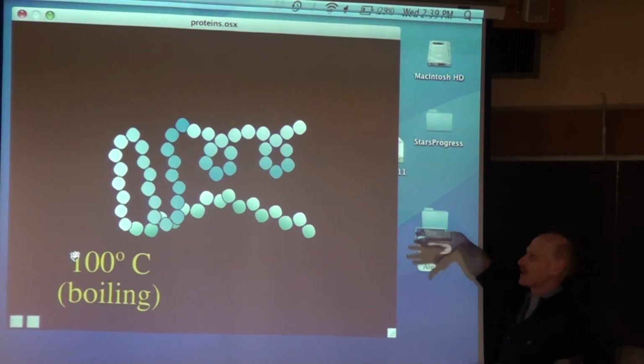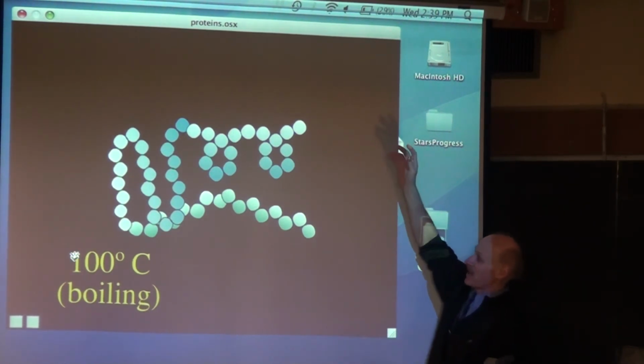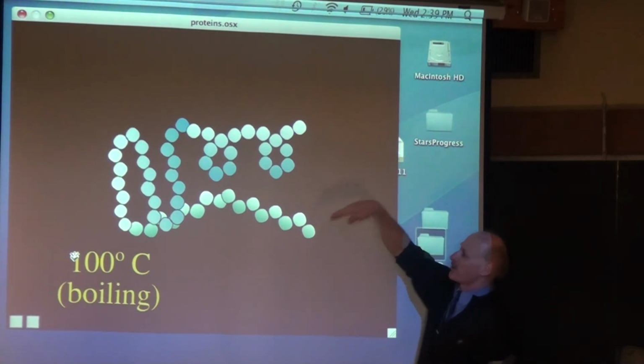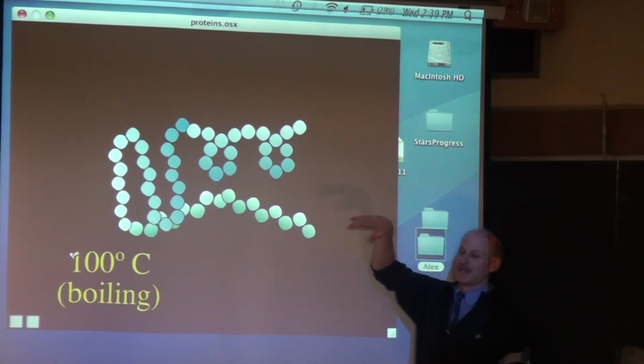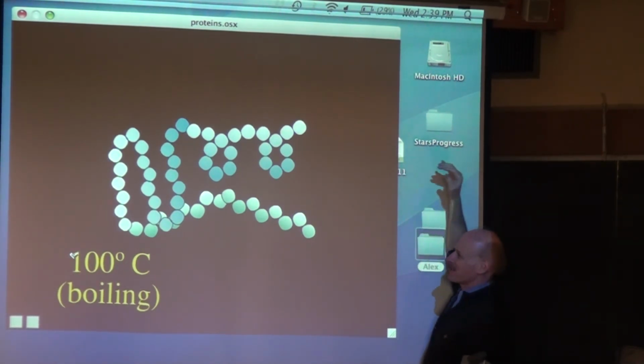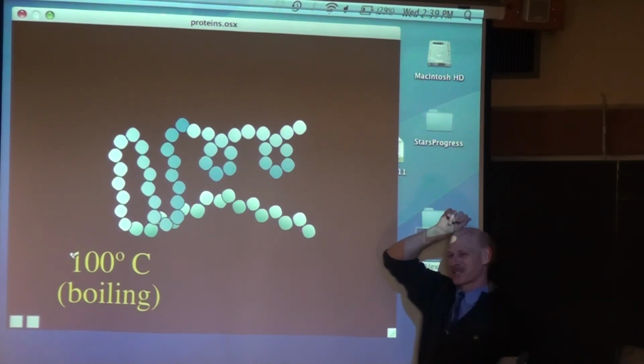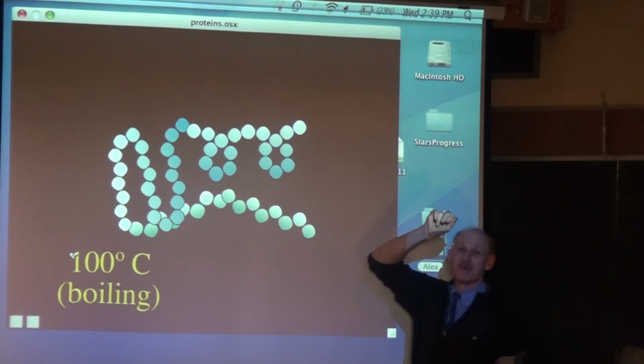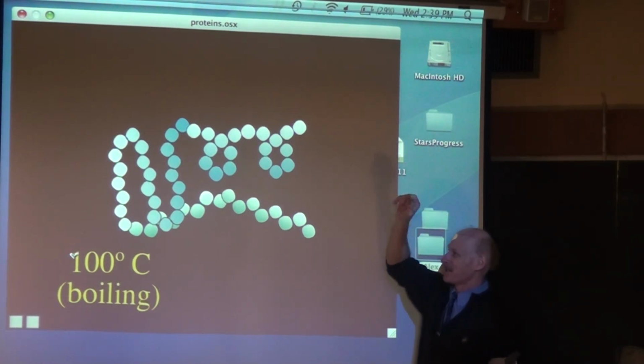The molecules are moving so quickly that the enzyme ends up getting unfolded. You know, it's getting pounded by water molecules moving at a zillion miles an hour. Well, not a zillion miles an hour. Actually, I just read something about this. Around 400 meters per second is what water molecules will be moving at.